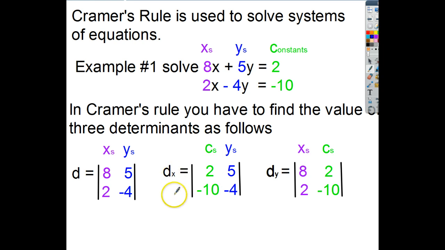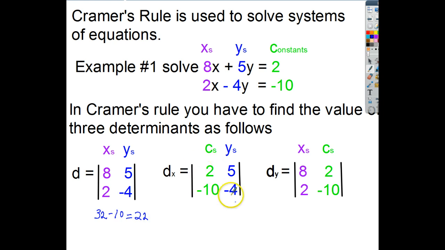That's what this is sort of telling us. And then D sub y, well, it's D except we substitute the constants for y, so the y comes out and the constants go in, so it's the x's and the constants. Now to find these, you just find the diagonal product, so we have negative 32 and minus 10, and that's going to give us 22.